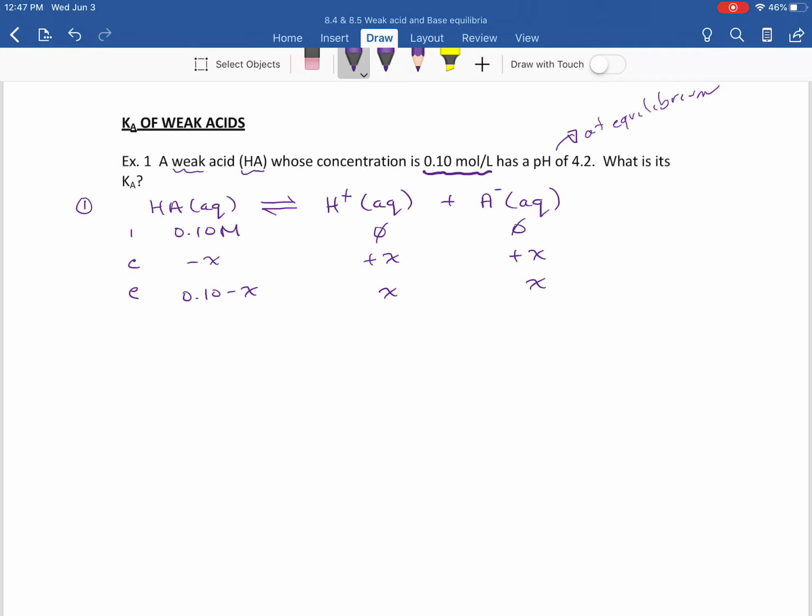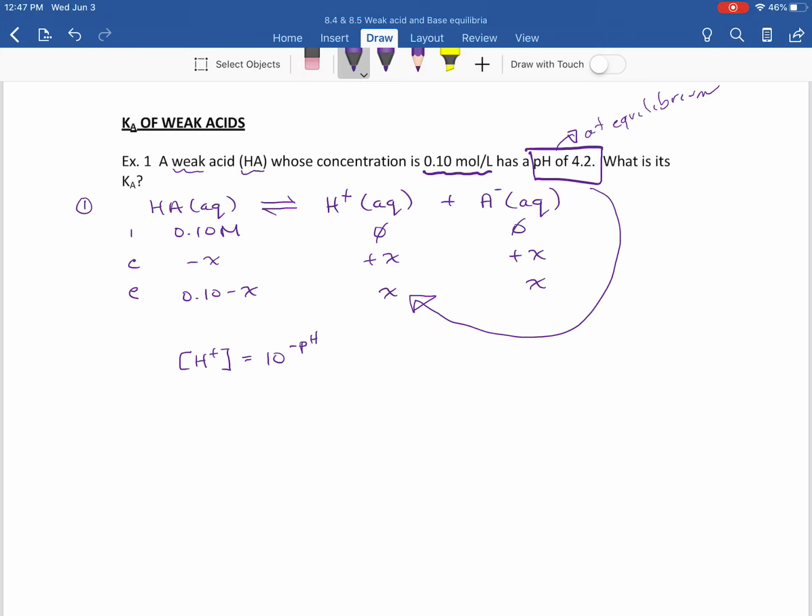okay, good. But we're given this piece of information. So this piece of information can be used to determine our concentration of H plus at equilibrium. We can figure out the concentration of H plus at equilibrium by using the formula that you were taught yesterday.